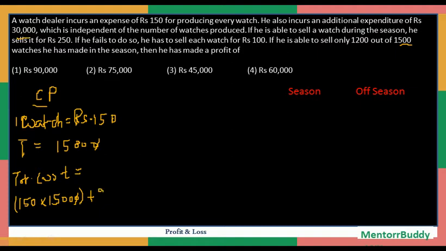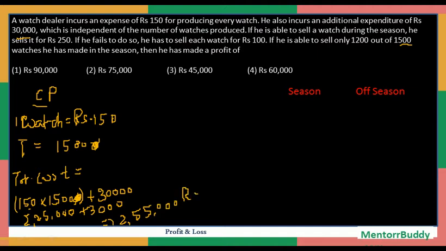So total cost will be 150 into 1500 plus 30,000. Solving this becomes 2,25,000 plus 30,000, which equals 2,55,000 rupees. So that is the initial cost of the dealer.